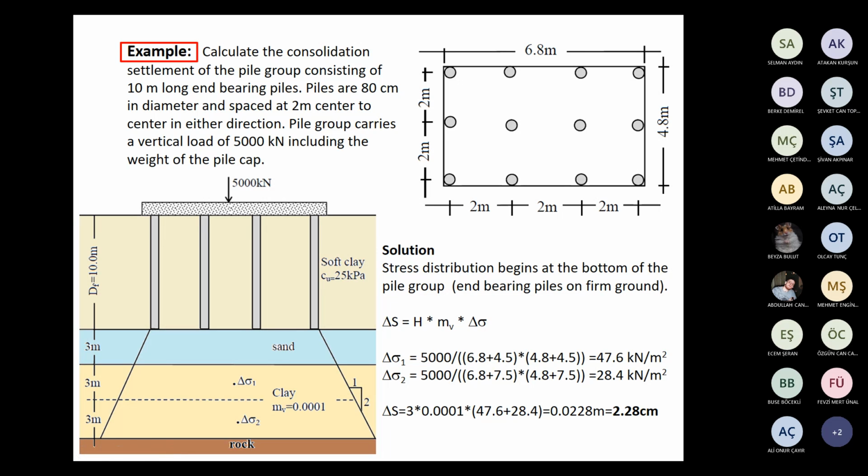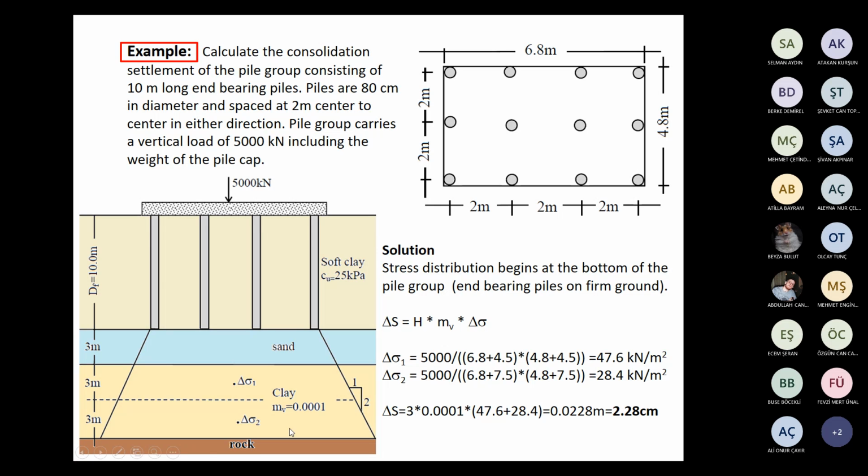Let us have one more example. In this example, we have 3 by 4 pile groups, and we will calculate the consolidation settlement of this group. The length of piles is 10 meters.